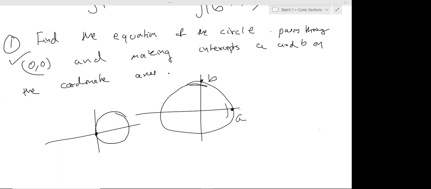Yes, Shavya. That is right. Yes, absolutely. After that, you can solve, right? Try to solve this.